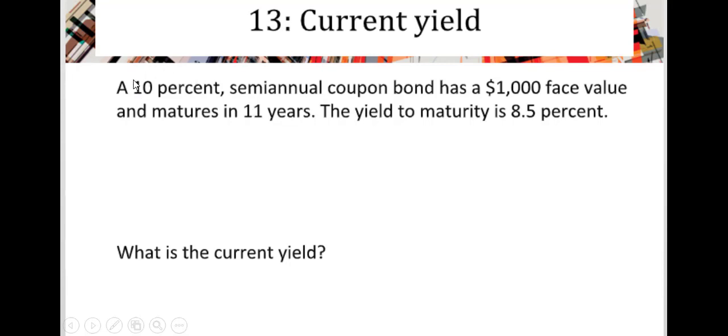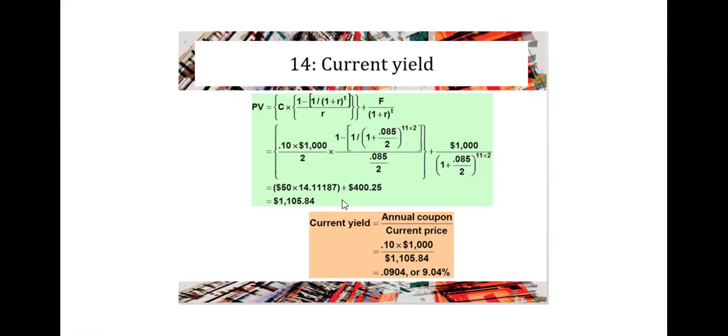The coupon payment is semi-annual, so we'll have to convert the yield to maturity into semi-annual interest rate. And then we'll find the current yield. You can use this equation to find the present value of the bond, and find the current yield. The annual coupon is divided by the current price of the bond.